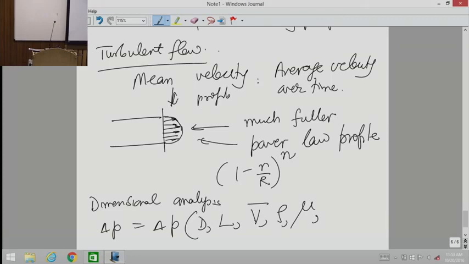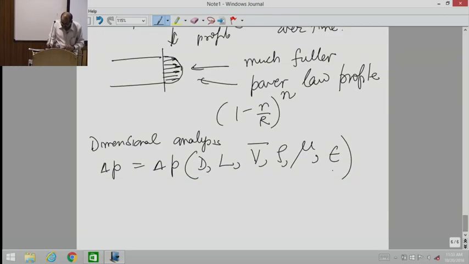But then one more parameter which comes in turbulent flow, which does not come in laminar flow, is the pipe roughness. In a turbulent flow, the pressure drop will depend on whether the pipe surface inside is smooth or rough. In a laminar flow, it doesn't matter. For smooth or rough profile, you still get the same formula. But in a turbulent flow, it is also a function of the roughness.